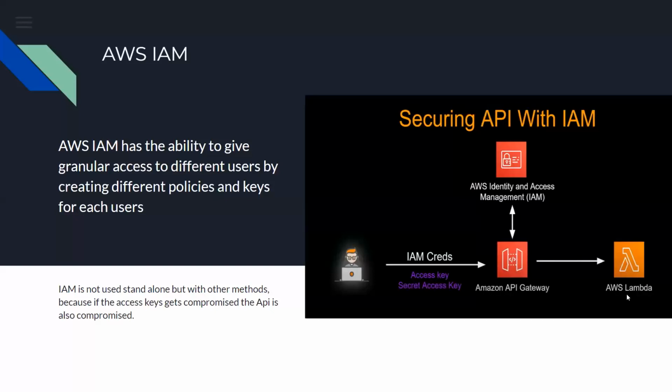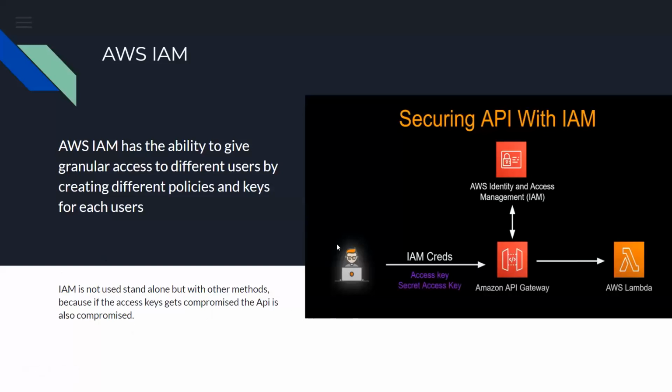So in simple terms, AWS IAM is one of the simplest API gateway security mechanisms, and as stated here, IAM is not used standalone but with other methods, because if the access key gets compromised, the API also gets compromised.